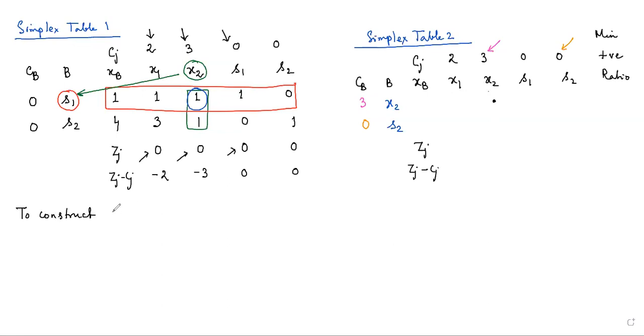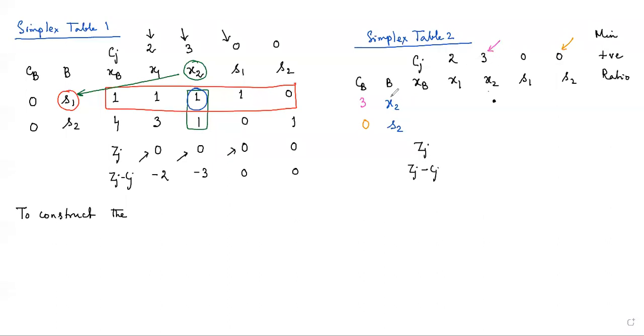So how is the CB 3? Because of x2's contribution, just look at the coefficient of x2 from the top. It is 3. And since x2 has taken its place, CB is actually the coefficients of the basic variables. So what is the coefficient of x2? It is 3.